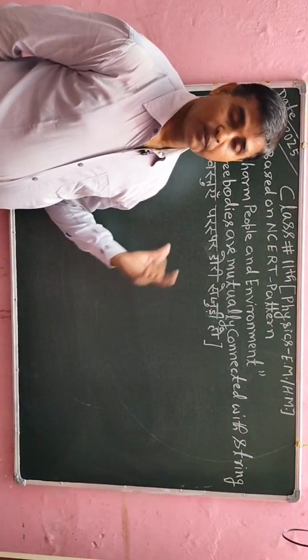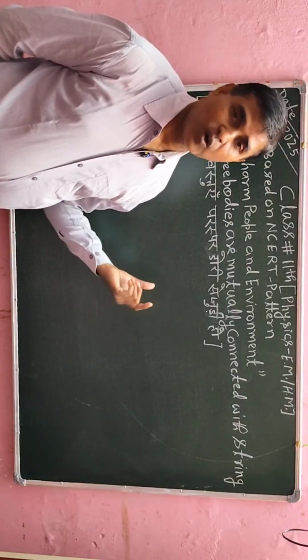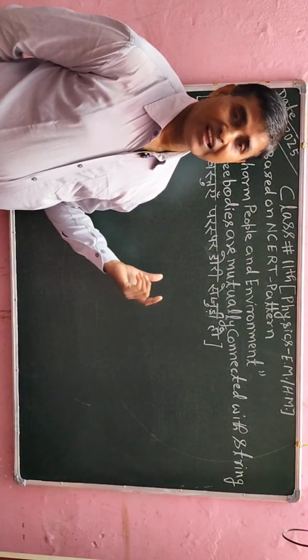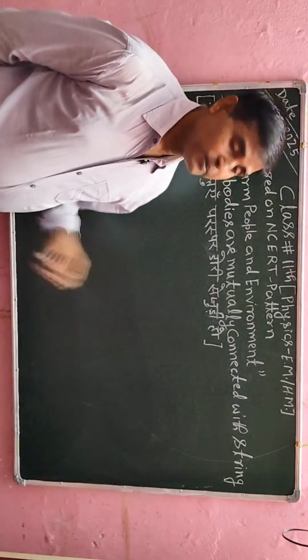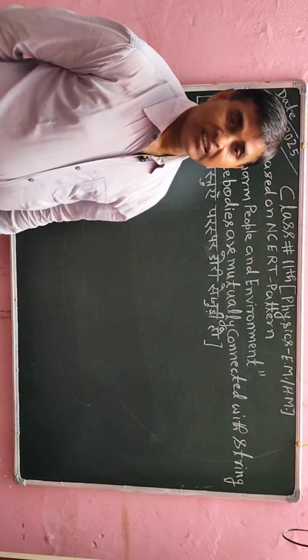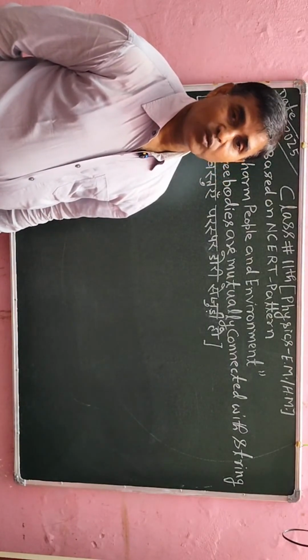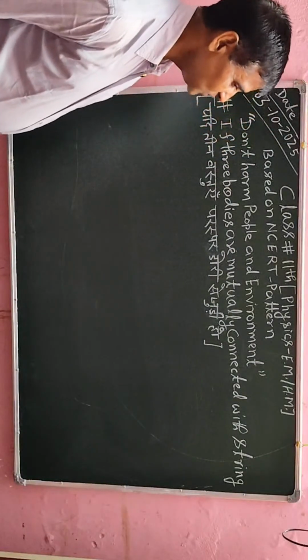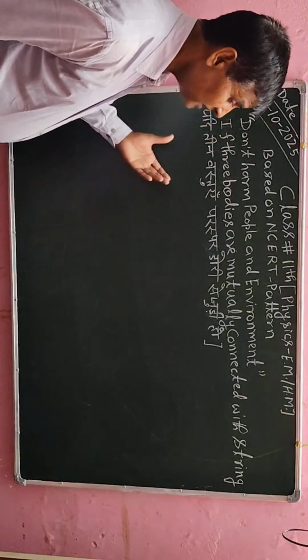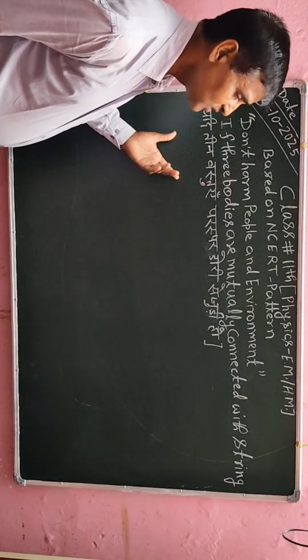Then we will find the tension between these objects, and this information I will use in the numerical for getting the requirement of the question. Therefore you concentrate on this live video to understand how we will solve it.